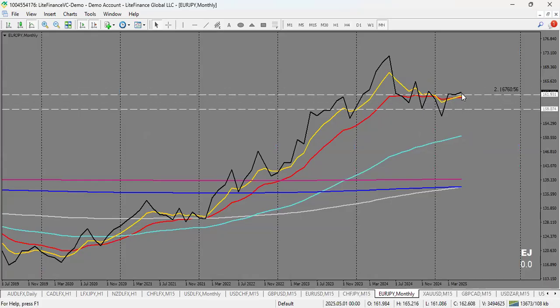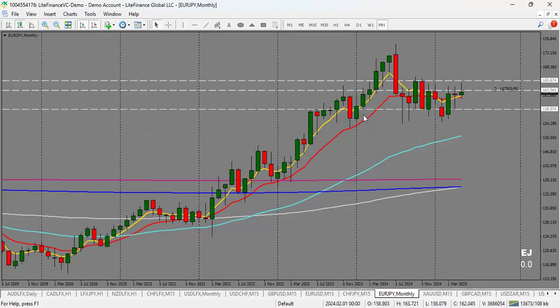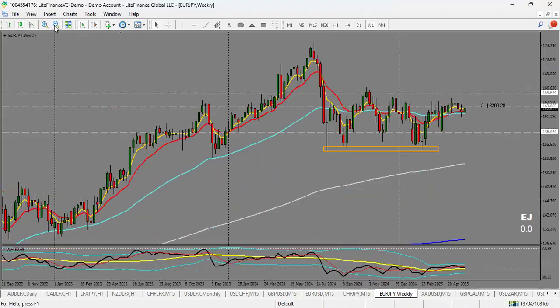So we are looking at areas of support and resistance that are close to the current market price to know what is the current market structure. So we have support here, and we are at an area of resistance, although here it suggests that the market structure is simply bullish.